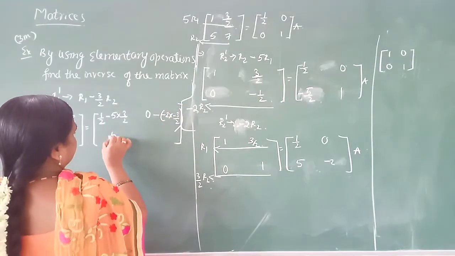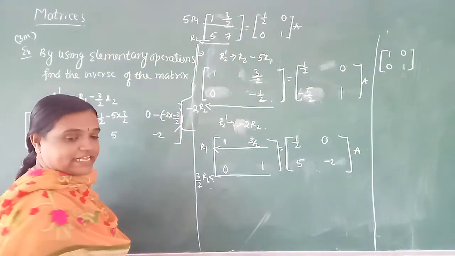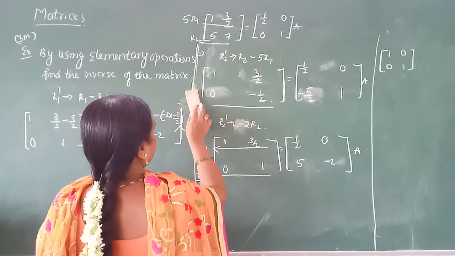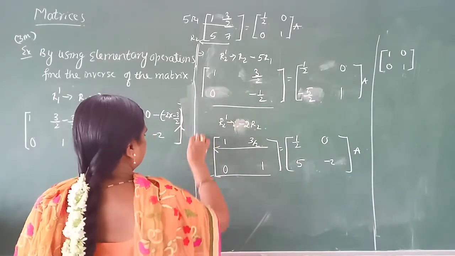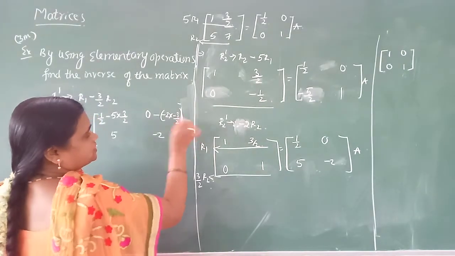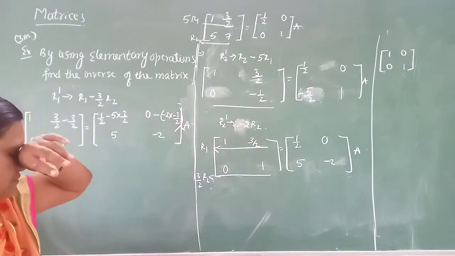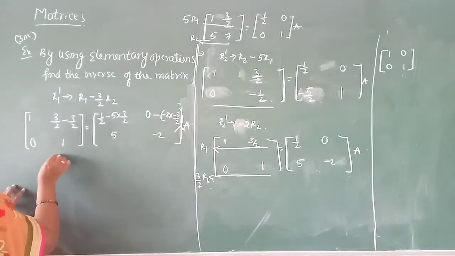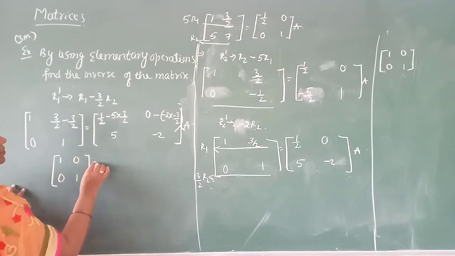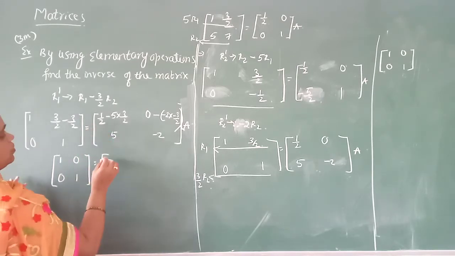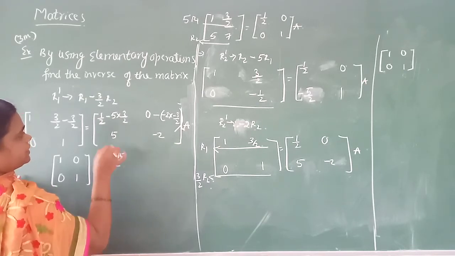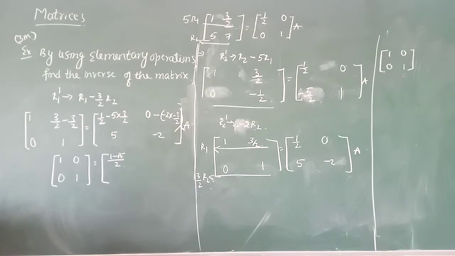And these elements are as it is because there is no change in the second row. See, we take it as 1, 0, 0, 1. See, 1, find 3, 15. 1 minus 15 by 2, because the LCM is 6.